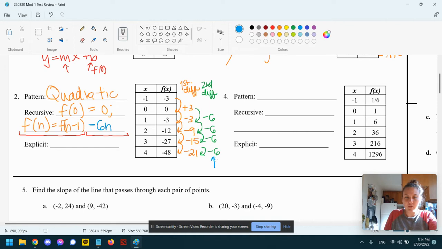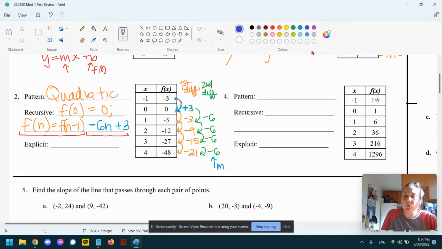I'll immediately use this as my m in my y equals mx plus b situation, and I will use the difference that ends at 0 as my b. Right? The thing I'm adding to end up at 0 is what goes in the back here. So that's the systematic way to make recursive quadratic equations.